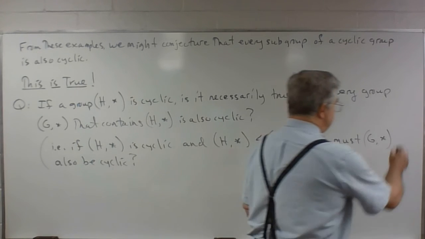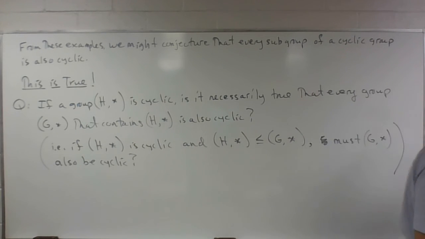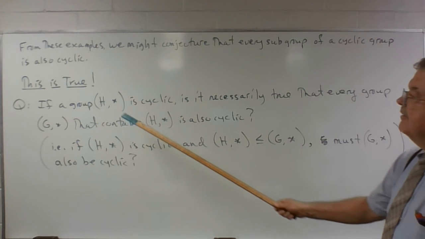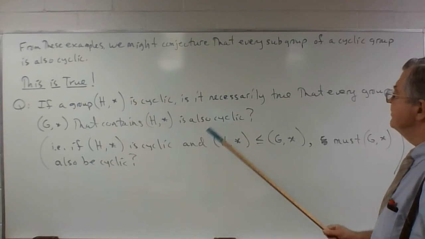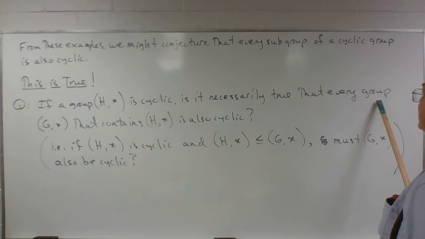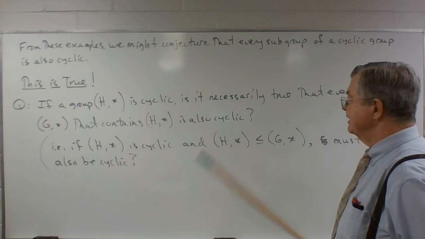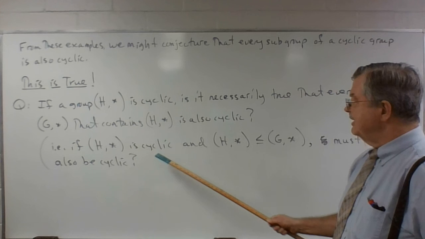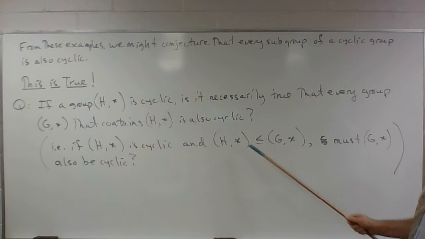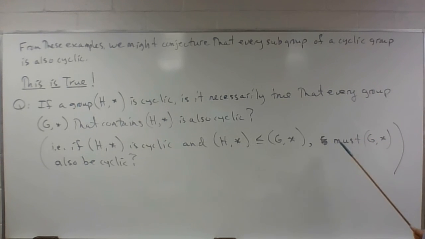That's a good question. So let's look at it, and then we'll think about it for a bit. If a group H is cyclic, is it necessarily true that every group G that contains H is also cyclic? So if H is cyclic and H is contained in the group G, must G also be cyclic?